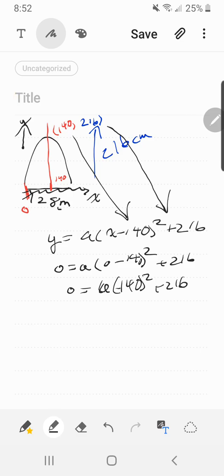And now that I've got that, we have to calculate the rest of this. So now you've got 140 squared. Squared is going to be 19,600.